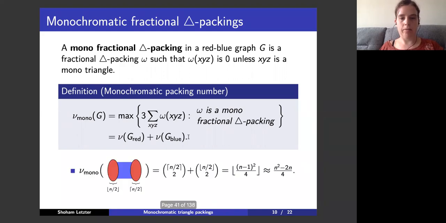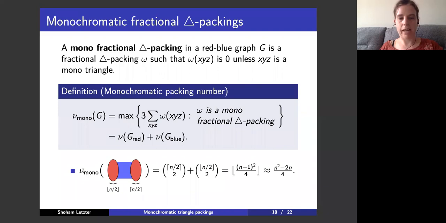Okay, and as an example, I have my standard example of a red-blue graph in this talk. And here, again, blue edges do not contribute. And we know that the packing number of a complete graph is just the number of edges, unless the number of vertices is tiny.